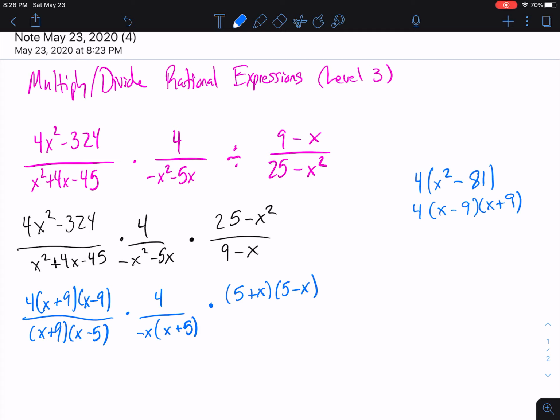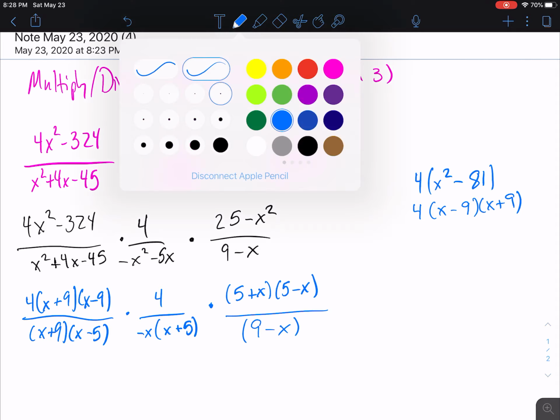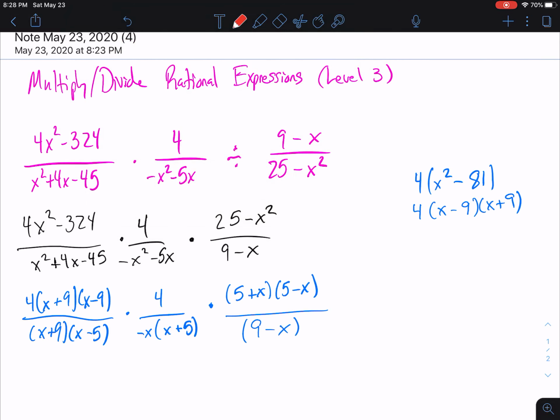It's the opposite order. Don't go changing the order. The order might not matter on the x plus 5, but the order is definitely going to matter on the x minus 5, 5 minus x. Those are different. All right, so then we get 9 minus x on the bottom. And I'm going to put that in parentheses because we know we're going to be trying to at least cross that out. Okay, so let's see what crosses out here.